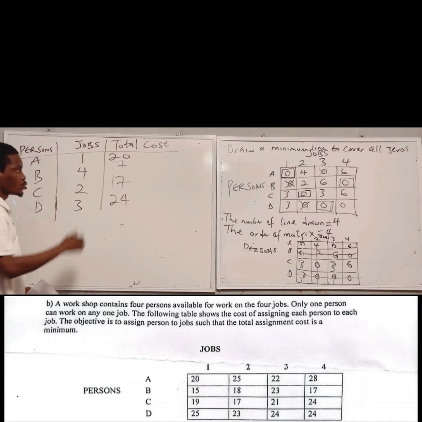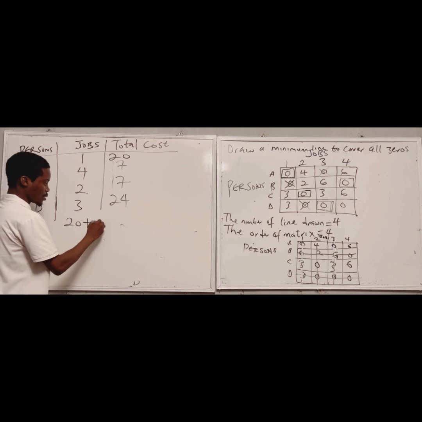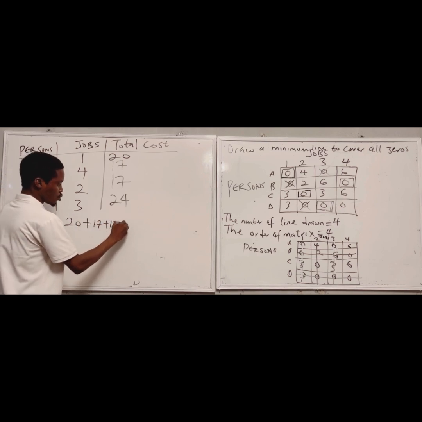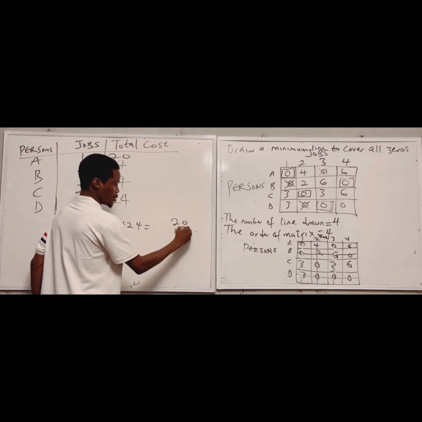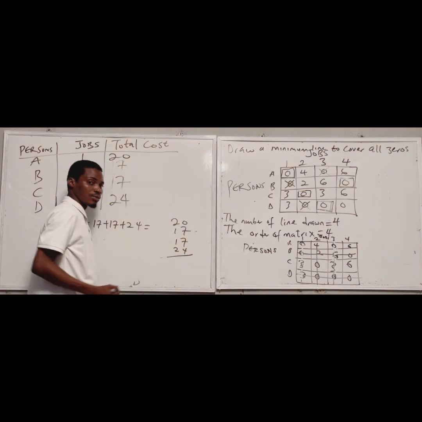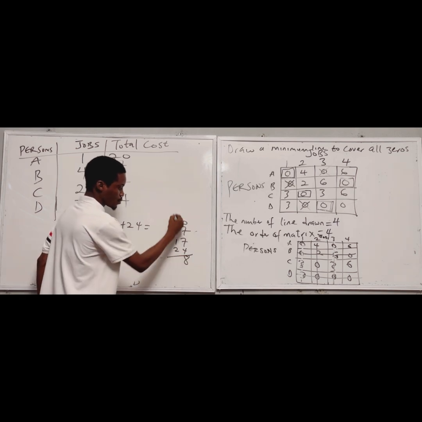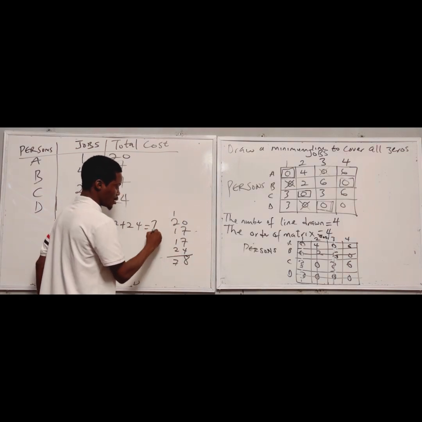Have you seen it? So the total cost of this, we get our organization. So 20 plus 17 plus 17 plus 24. So you get 20, 17, 17 and 24. 7 plus 7 is 14, plus 4 is 18. 2 plus 1 is 3, 4, 5, 6, 7. So it is 78.